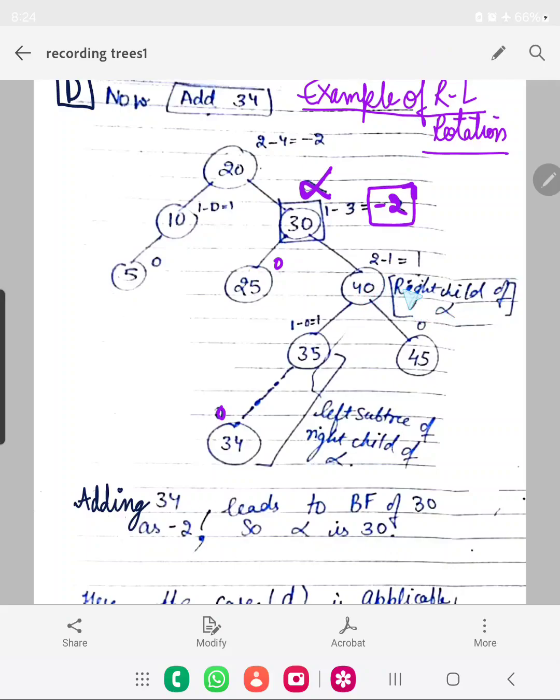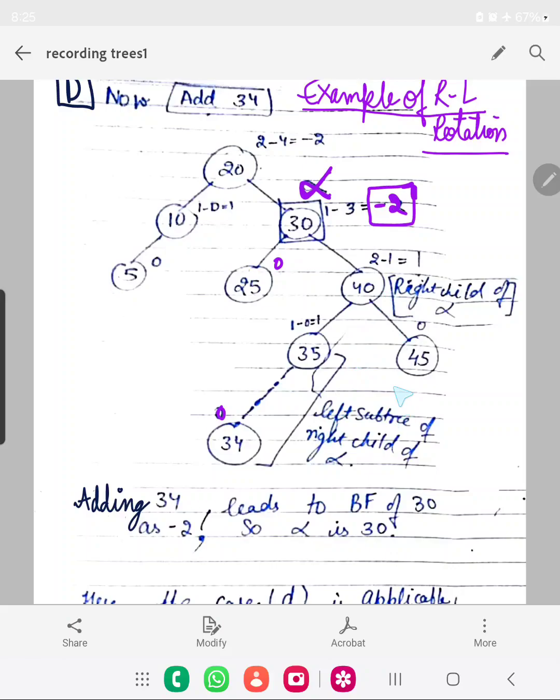When we rotate 40 to the right side, 35 will come up and 40 will go to the right subtree of 35. And 45 is at the right side of 40, it will remain as it is. So 40 will move to the right, 35 will come up in place of 40, and the left of 35 will be 34.